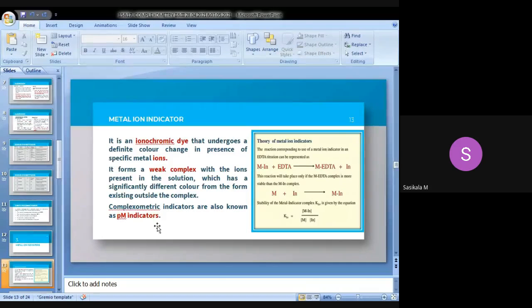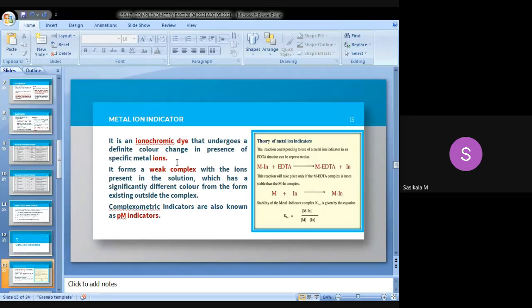A metal ion indicator, what type of complex does it form with the metal? A weak complex with the ions present in the solution, and which has a significantly different color from the form existing outside the complex. So definitely this color change helps find the endpoint.